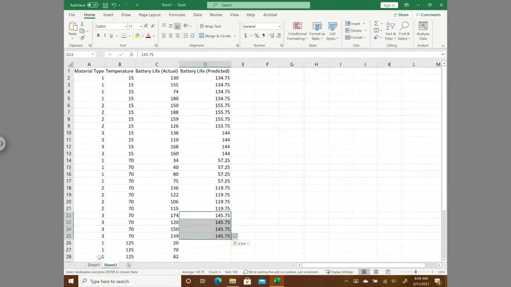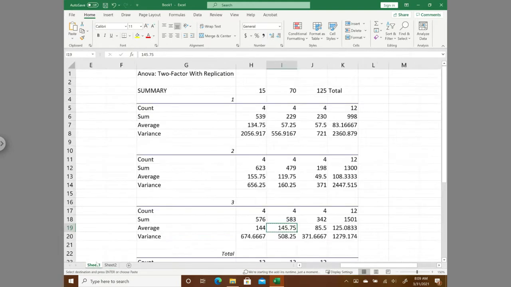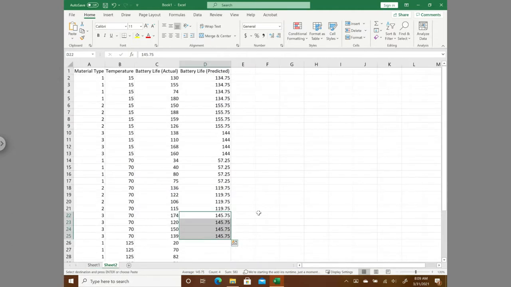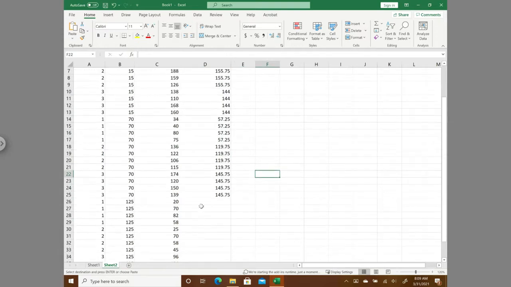Then what is the next combination? 1 and 125. So that would be material type 1 and 125. So this average, that is for the next four.